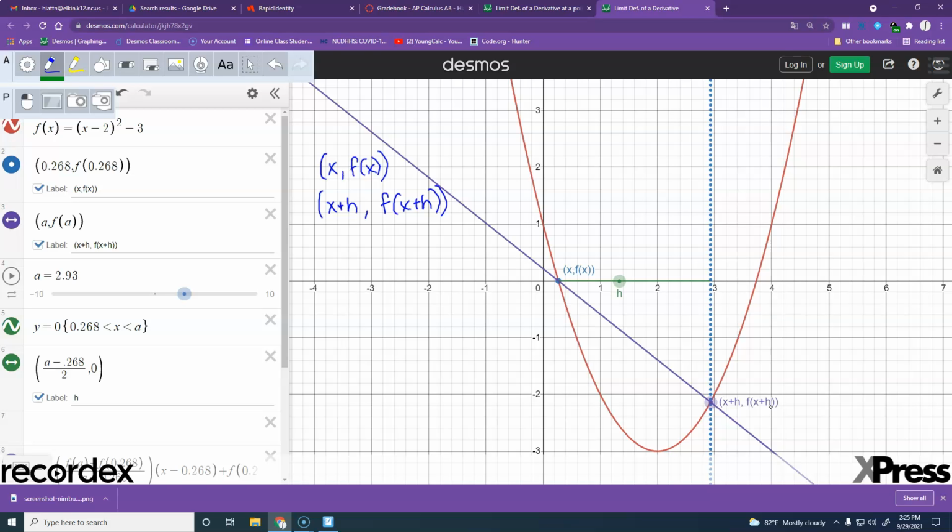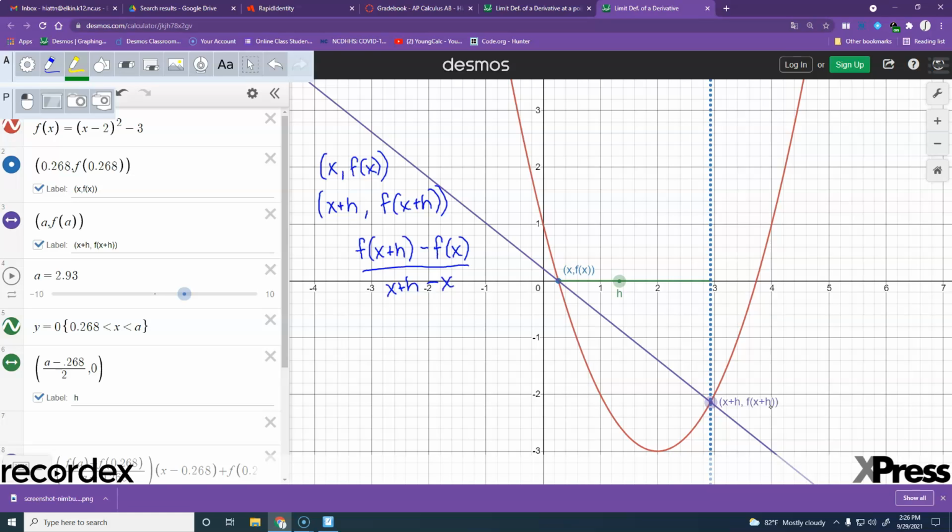So if we find the slope between these points, it'd be f of x plus h minus f of x over x plus h minus x.